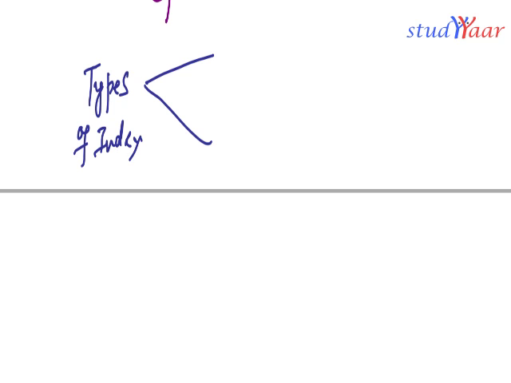So let's see what are the types of index that we have. We have basically broadly two types of index. One is an ordered index and the other is a hash index.